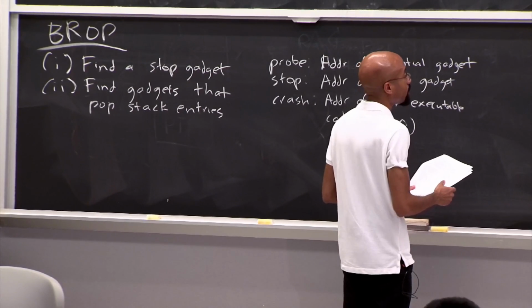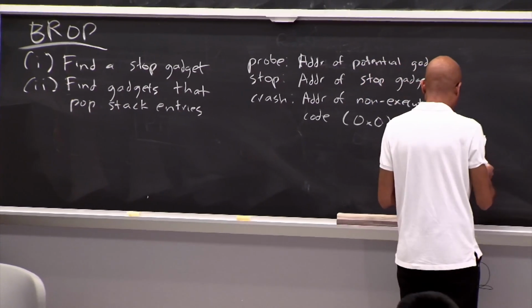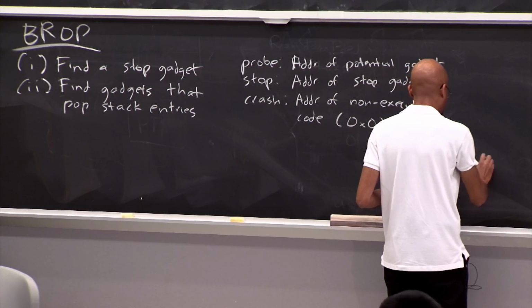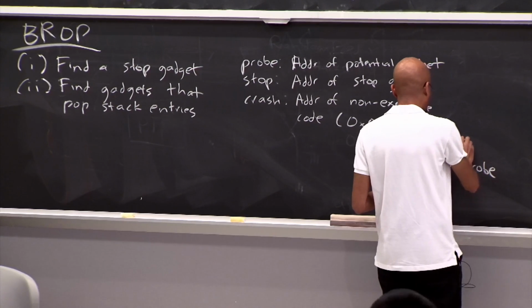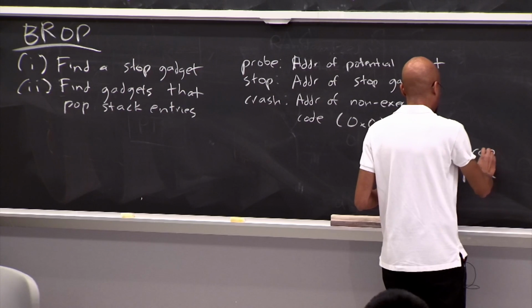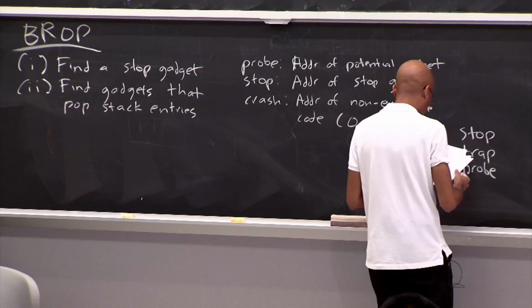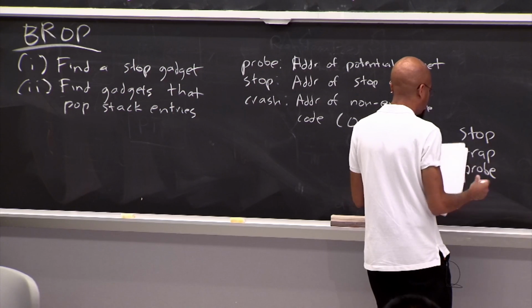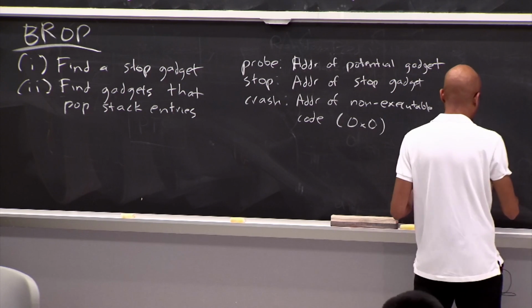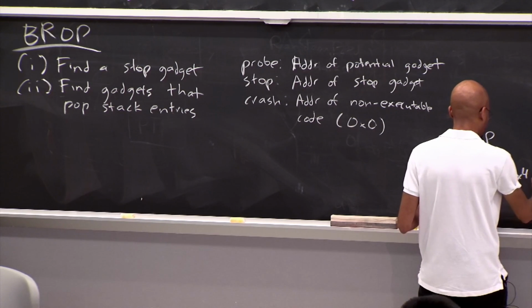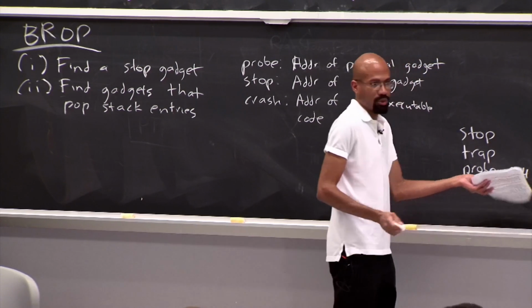So let's write this over here. Let's say we have these two different examples of a probe, a trap, and then a stop. Right? So let's assume that down here, we're going to probe at some address. Doesn't really matter. Starts with a 4, ends in an 8.